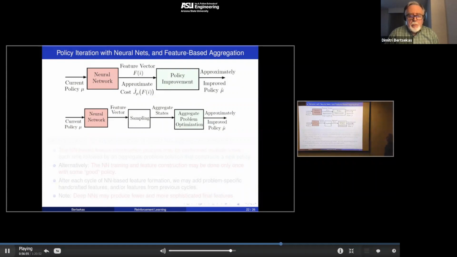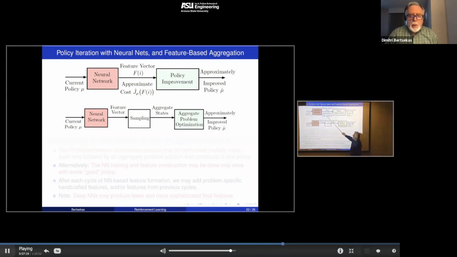Suppose I use a neural network-based parametric approximation to do policy iteration. We have gone through this. We have a scheme that generates a sequence of policies, and from the current policy, we train a neural network to represent the cost function of that policy.